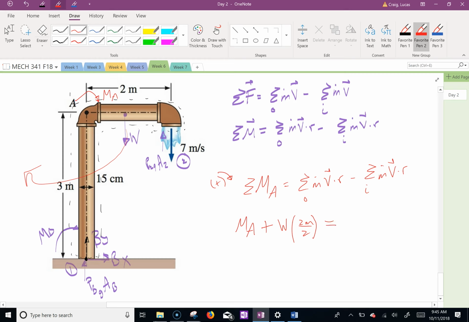Equals. The in term, like you said, goes away, right? So we have, this would also be a positive moment. So we have m dot 2 v2 times 2.